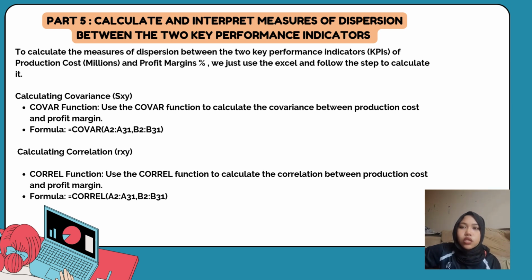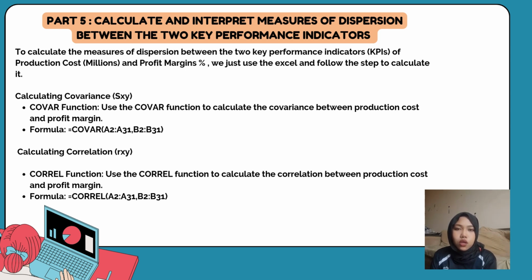Next, calculating the correlation RXY. I use the CORREL function to calculate the correlation between the two key performance indicators. Excel will provide two arrays also, which is A2 colon A31 and B2 colon B31.